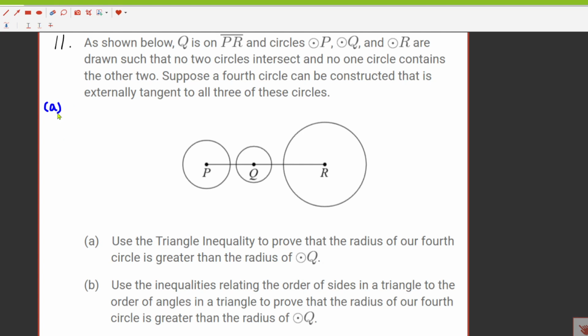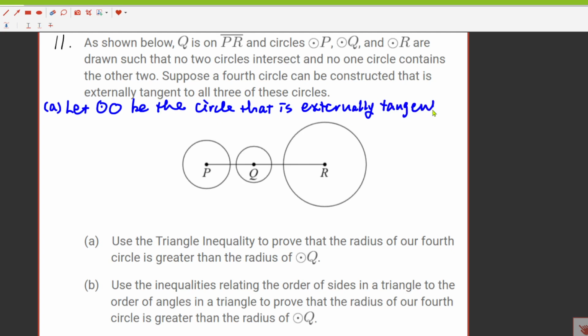We could let, okay, letter O is not used, so we can let circle O be the circle that is externally tangent to the given three circles.